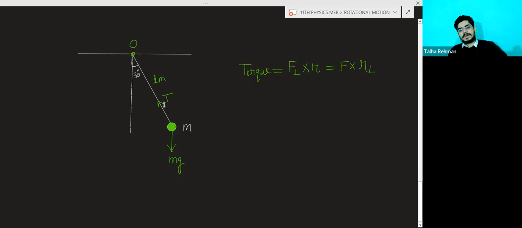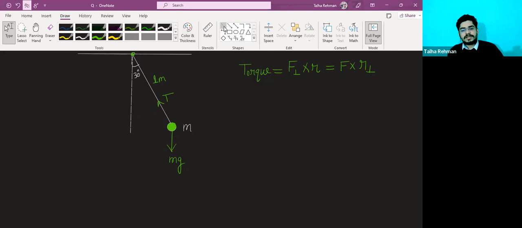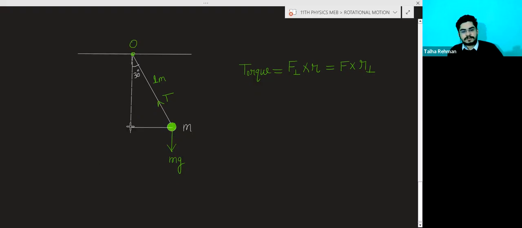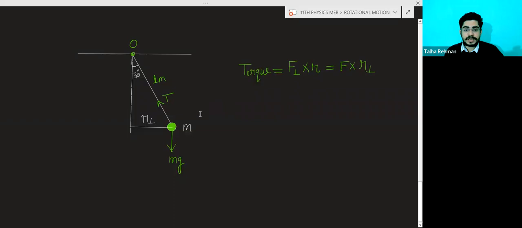This force is in this direction. The perpendicular distance will be this. This will be R perpendicular. You are not taking R, you are taking R perpendicular. If you take R, it will be this value.